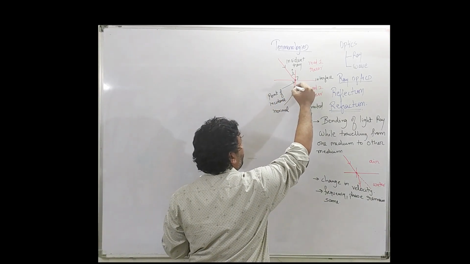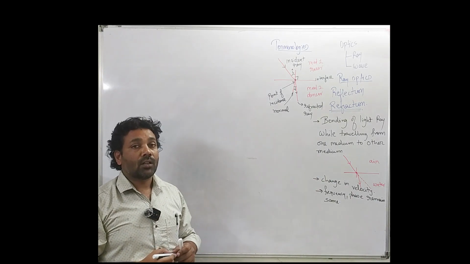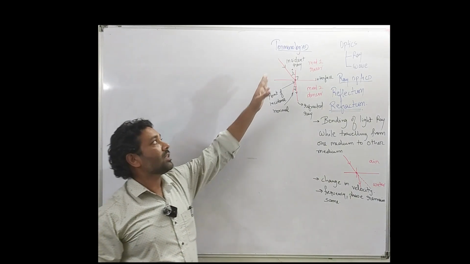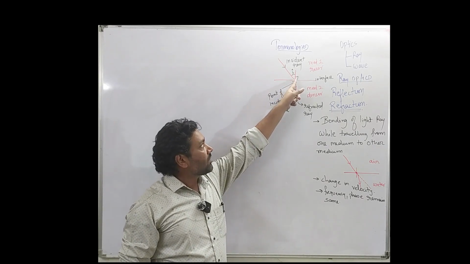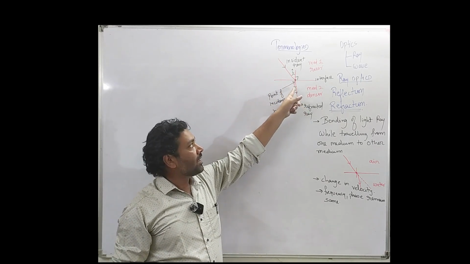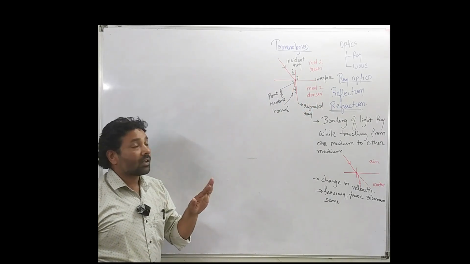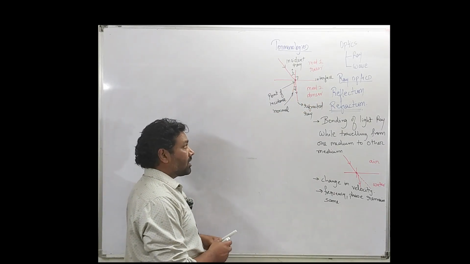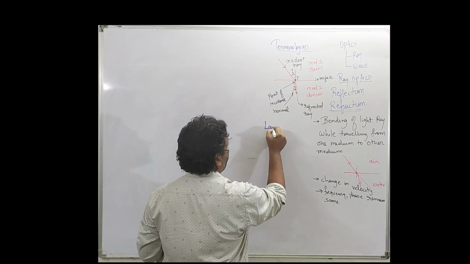The angle between the refracted ray and the normal we call the angle of refraction, r. So these are the terminologies: incident ray, angle of incidence, normal, point of incidence, refracted ray, angle of refraction, and the interface. Based on these terminologies, let us understand refraction in more detail. So we have the laws of refraction.